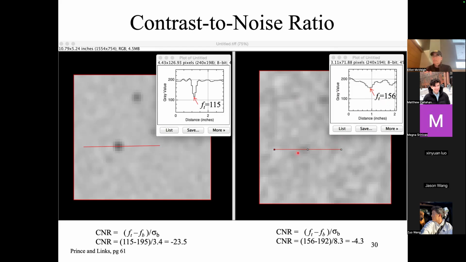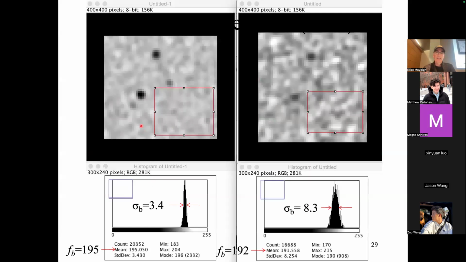So what is the contrast to noise in these two cases? The contrast to noise is the value of the target minus the value of the background, divided by the standard deviation of the noise, right? And remember when we came back here, the standard deviation of the noise measured in here is 3.4.